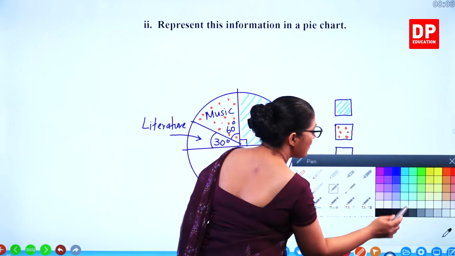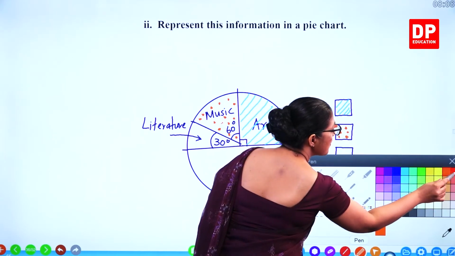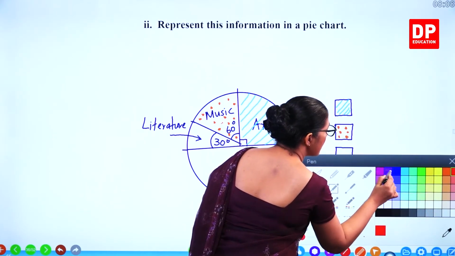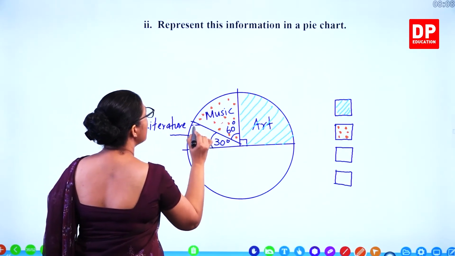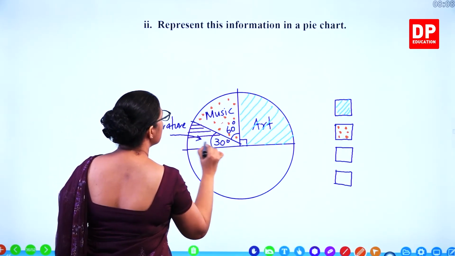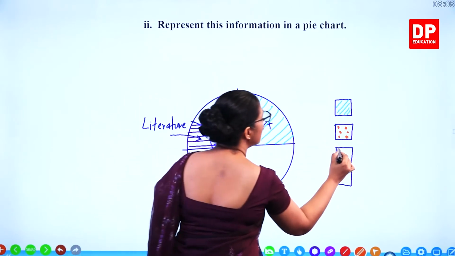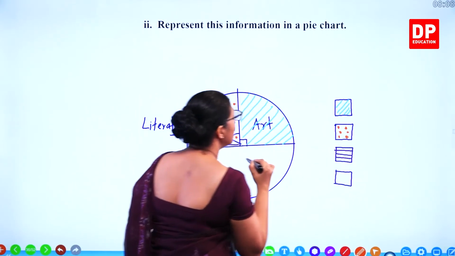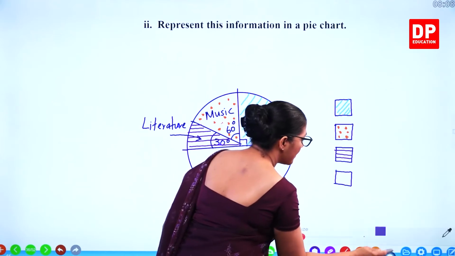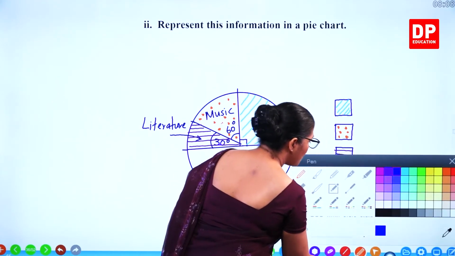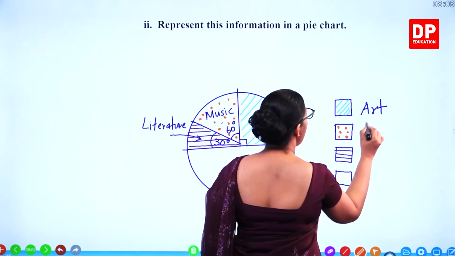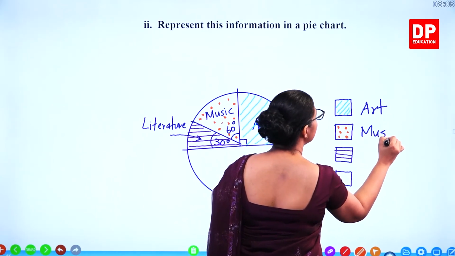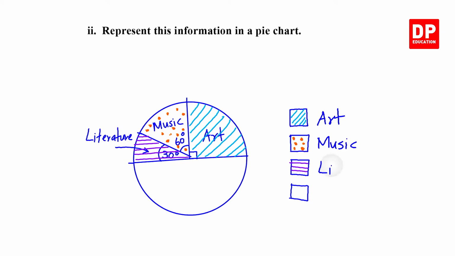And we'll take the other color, something purple. Purple color, literature. And the other one is blank. So here we can label it now. Art, music, literature.